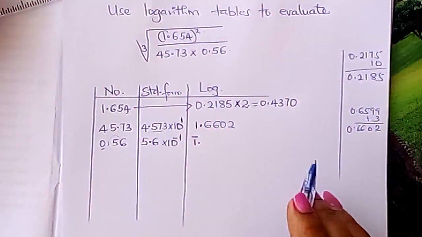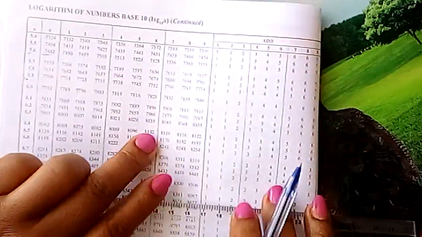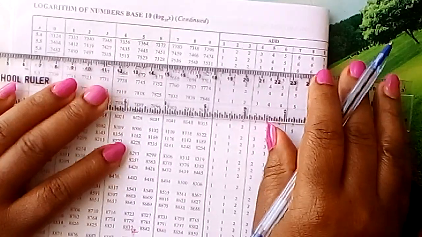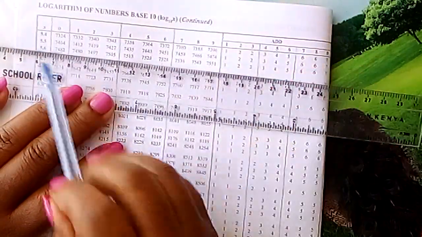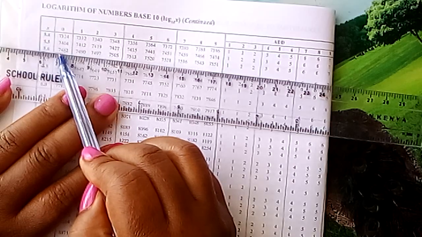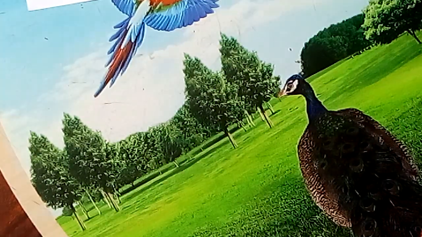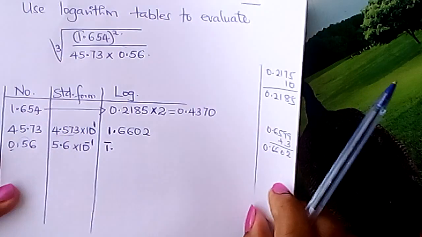From there, Lana, you look for the logarithm of 5.6. You just read it out: 5.60 gives 0.7482.